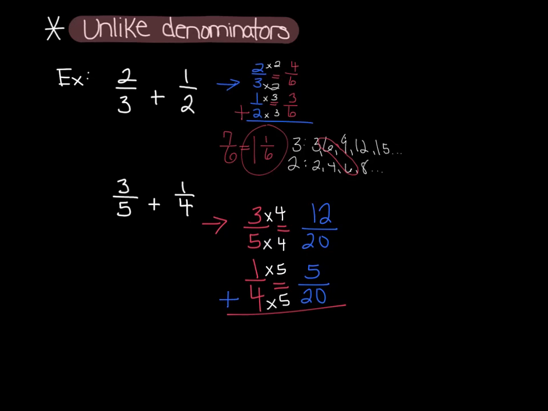And then we add. 12 plus 5 is 17. 20 plus 20, do we do that? Nope. We just write 20. We do not want to add those. And then we check to see if this is simplified. Is it? Yes, because 17 is a prime number and it has no other factors other than 1 and 17. So, we're done.